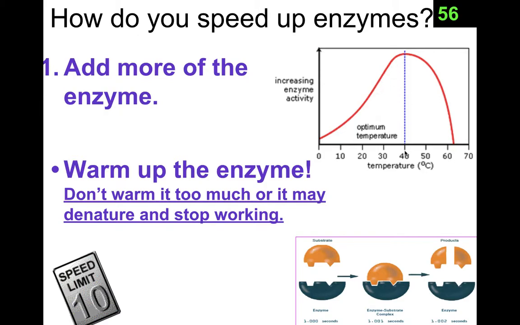And for this one, around 40 degrees Celsius, it seems to have a maximum ability to act. Anything above 40 degrees Celsius, the enzyme's activity falls off. Why? Because if it's warmed up too much, it begins to denature, which means that the chemical bonds within the protein, remember that enzymes are proteins, will begin to break down.